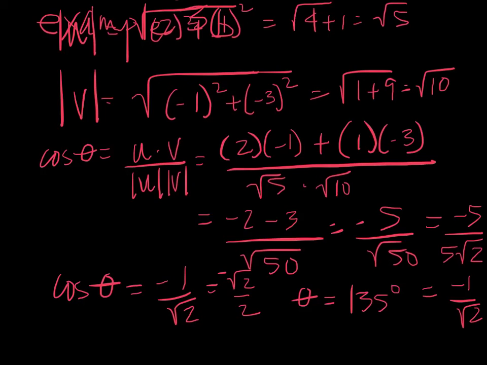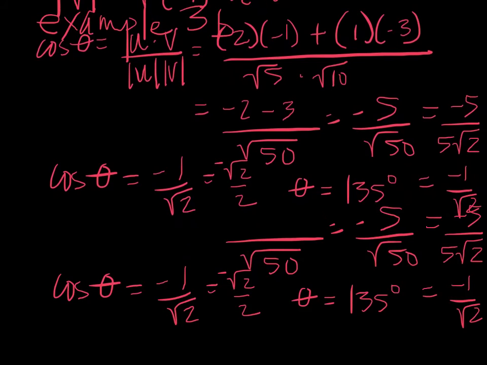If you want to put this in your calculator, you can do it this way. Inverse cosine of -1 divided by the square root of 2 would be 135 degrees.